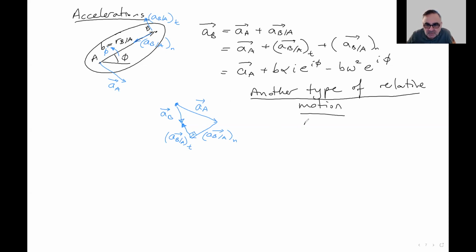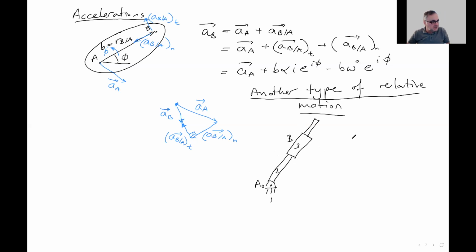Let's say that we have something like this. Some object sliding over another object. But the important thing is this thing is rotating. This is a fixed point O, and this is B. The ground is link 1, this is link 2, and the slider is link 3.